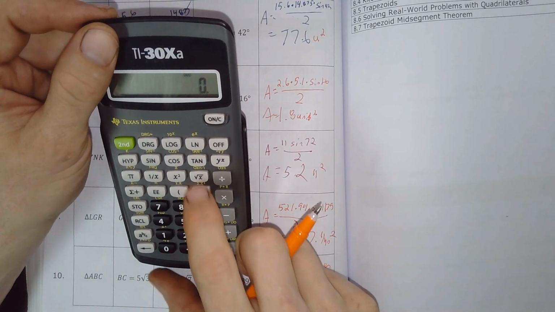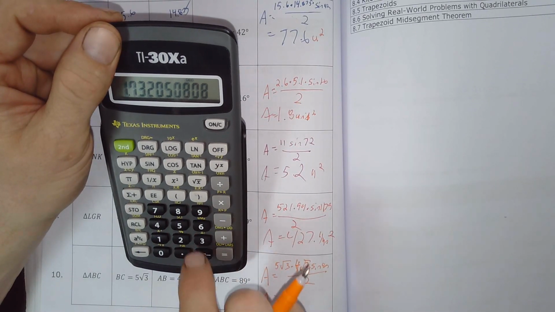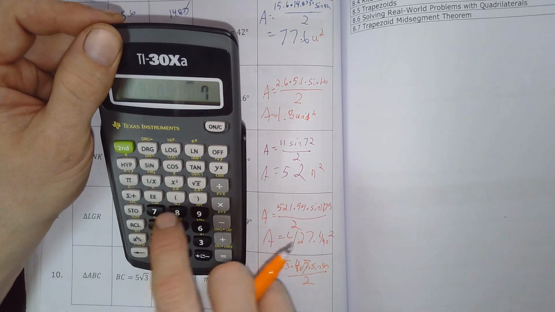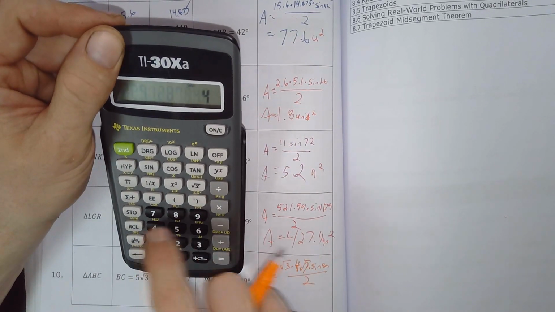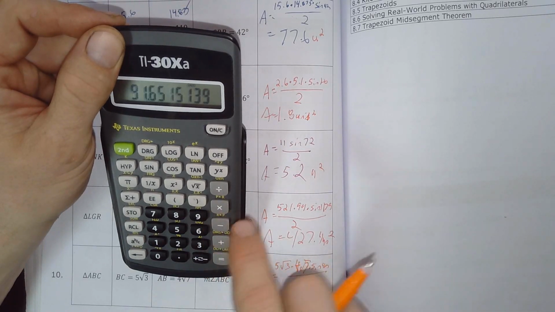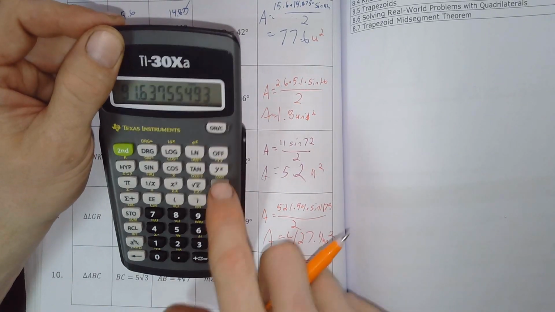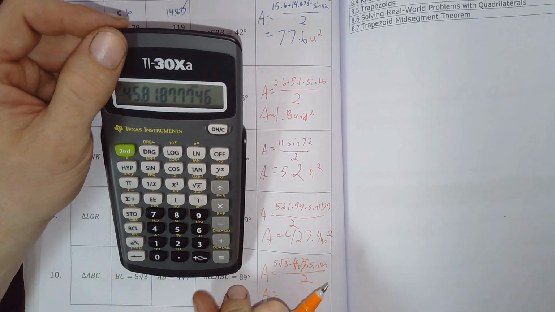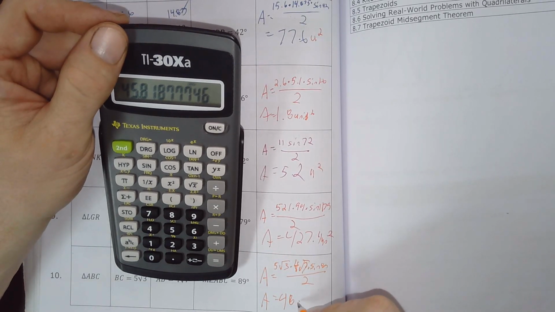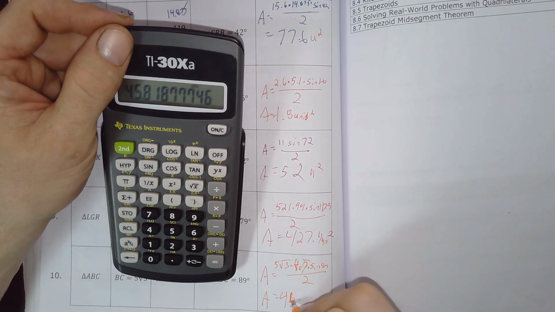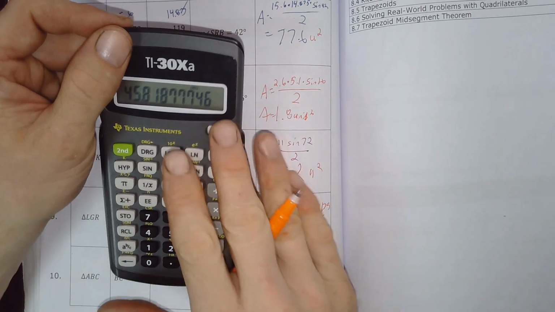Square root of 3 times the square root of 7, times 5 times 4, times 89 sine, divided by 2 equals 45.8. Okay.